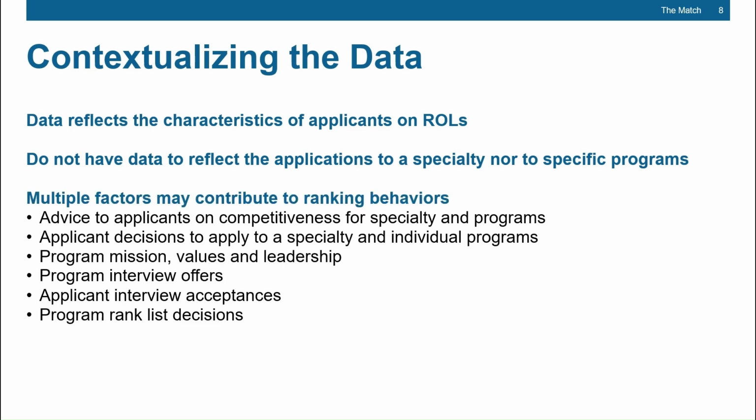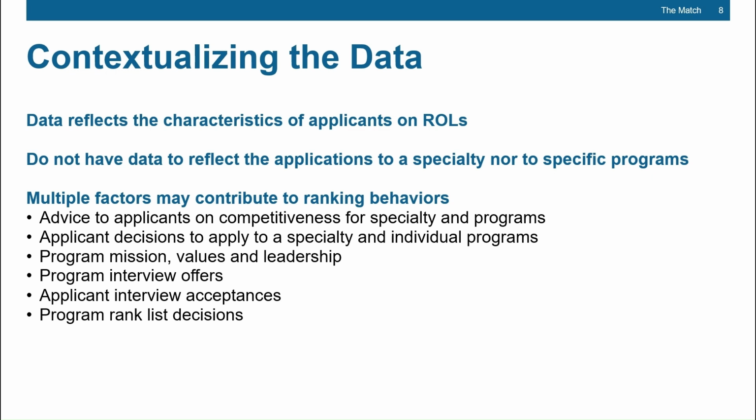Last, multiple factors likely contribute to ranking behaviors. Some of these factors include decisions made by the applicant. Others reflect decisions made by the program. So if we were to walk through the application process, advice that applicants receive from advisors, peers, and even social media will inform them where they should target their applications, what programs they apply to.